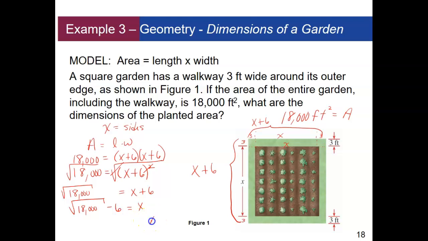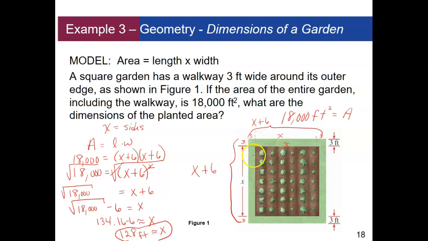And the thing with word problems is we generally want to go ahead and write this as a number. So this is going to be 134.16 minus 6. So X is going to be approximately 128 feet. So the dimensions of our garden for the planted part is going to be the X, and that's going to be 128.